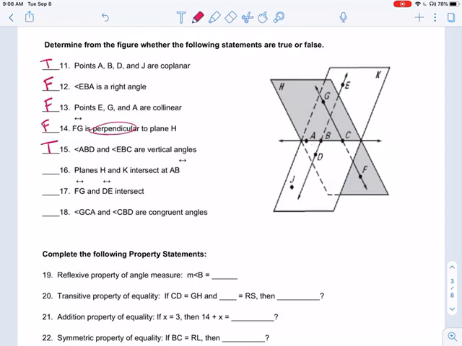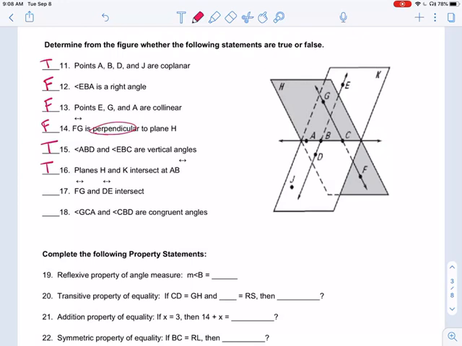Planes H and K intersect at line AB. So this is the gray plane and the white plane at line AB, and that is true. You could name that line a couple of different ways, but line AB is one of them. FG and DE intersect.